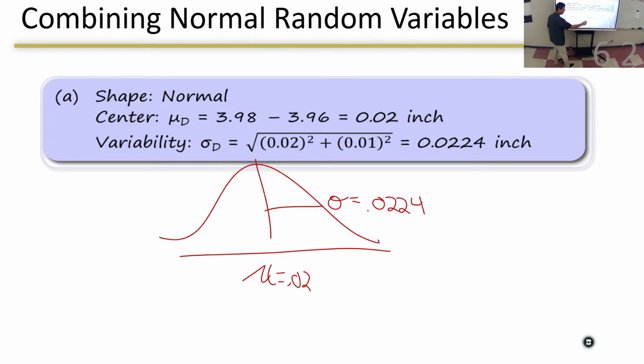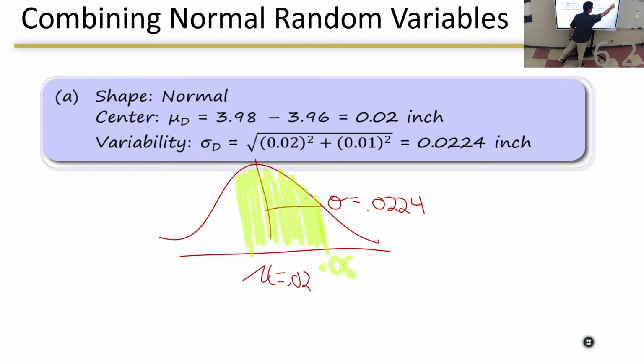Well, it can't be more than 0.06. But it has to be bigger than 0, because if it's negative, it's not going to fit. It said it must be bigger than the cup.